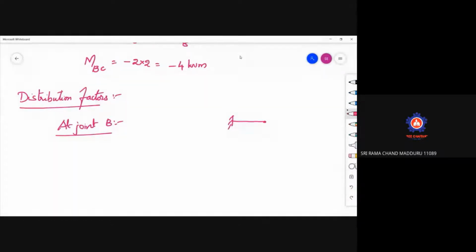The far end is fixed at A, and also fixed at D. C is there. The length of this member is 4 meters with moment of inertia 2I. This is I, 4. This is 2I, 2 meters.